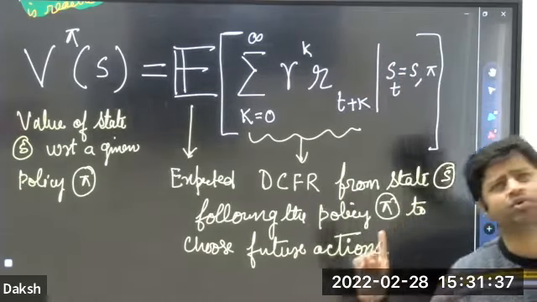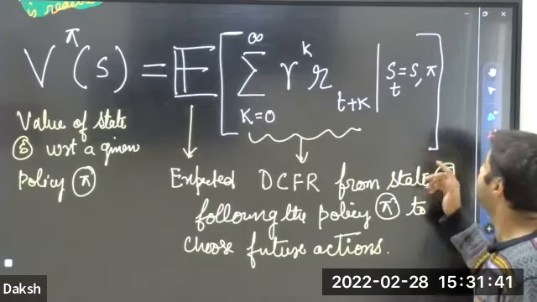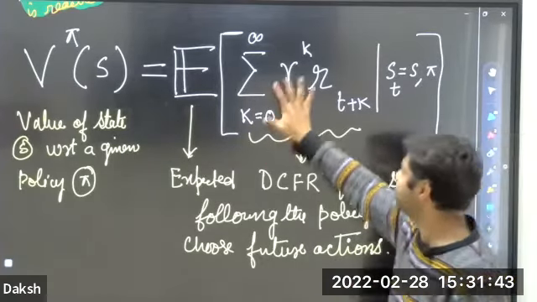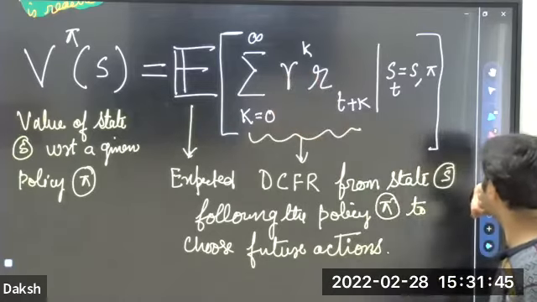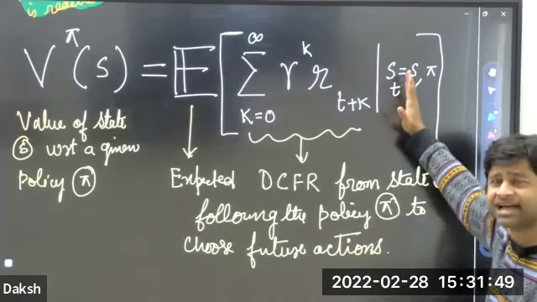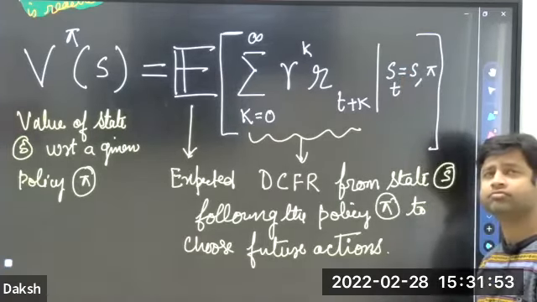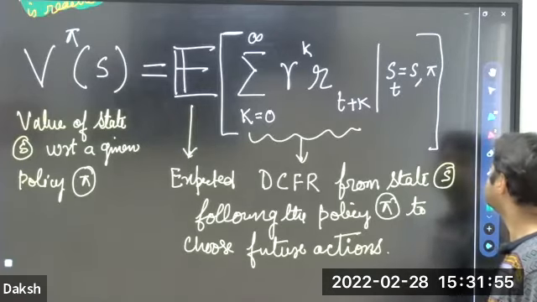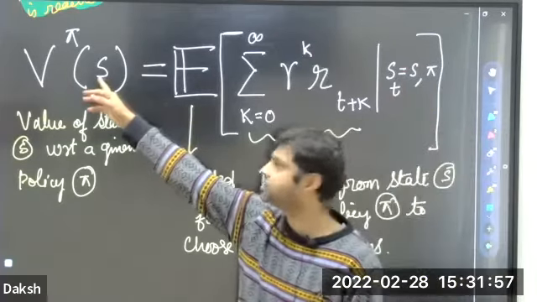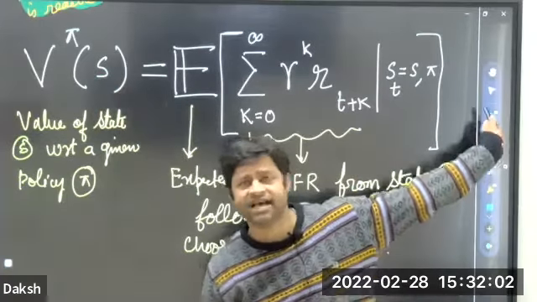How can we read it? We are reading that the expected value of discounted rewards, provided that my state s_t, or my initial state, is s. Why? Because we are talking about V pi s. So my initial state is s and I'm following pi.